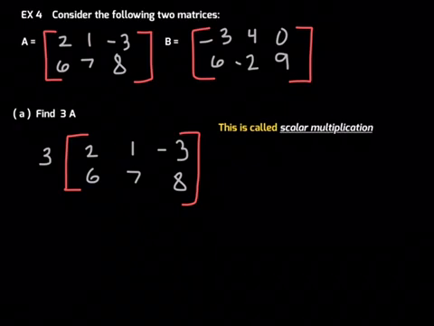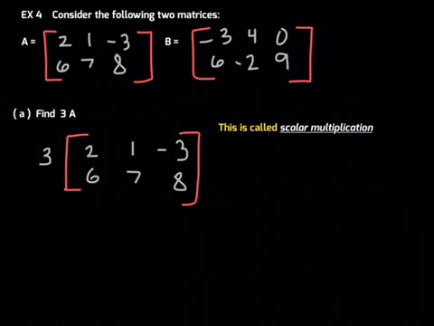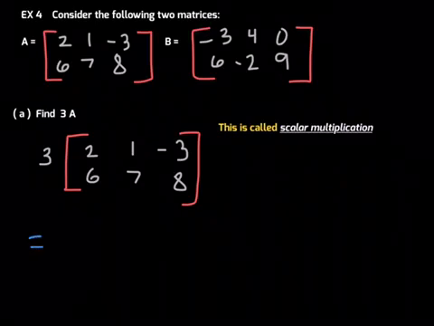If you're thinking that we need to distribute the 3 to every single entry, you are absolutely correct. To multiply matrix A by the scalar 3, all that means is you take every single entry in matrix A and you multiply it by 3. So it goes to everybody, if you will. All right?